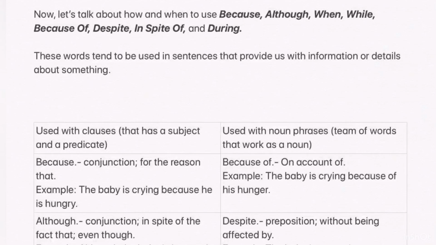Okay, guys, so now let's talk about how and when to use because, although, when, while, because of, despite, in spite of, and during. I know these seem like a lot of words, but don't worry, they're really simple. These words tend to be used in sentences that provide us with information or details about something.